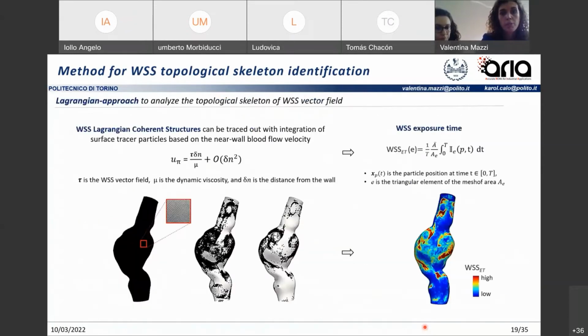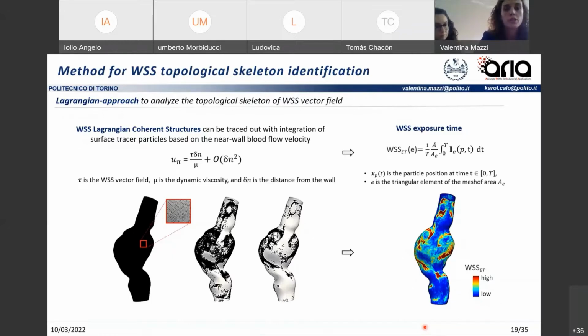So, the Lagrangian approach to analyze the topological skeleton of the wall shear stress vector field is performed by seeding the domain of interest with tracer particles and by visualizing their motion. The aim of this approach is to detect coherent features describing how the flow is organized.